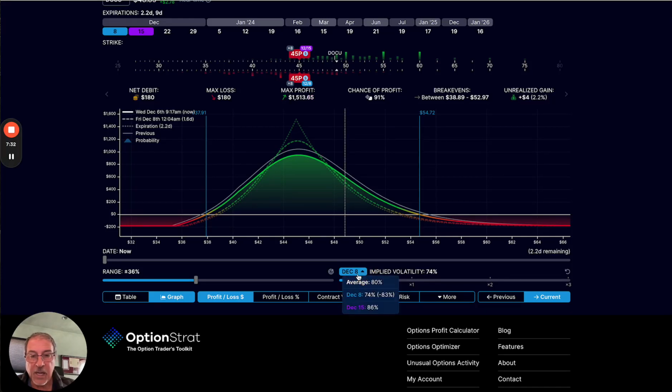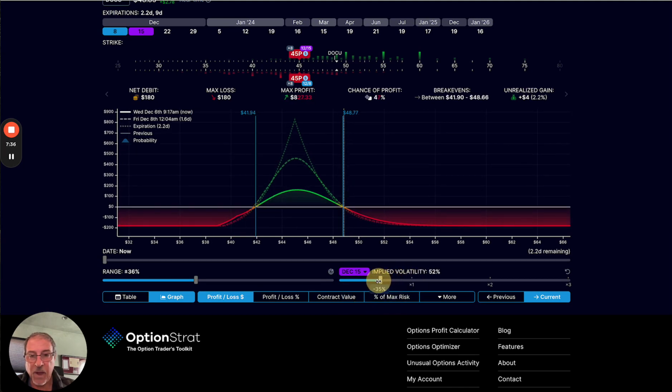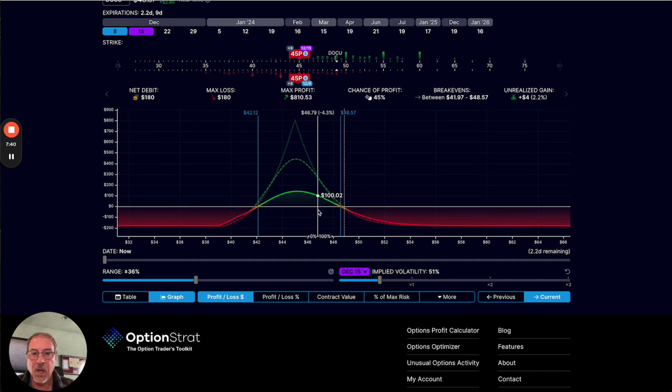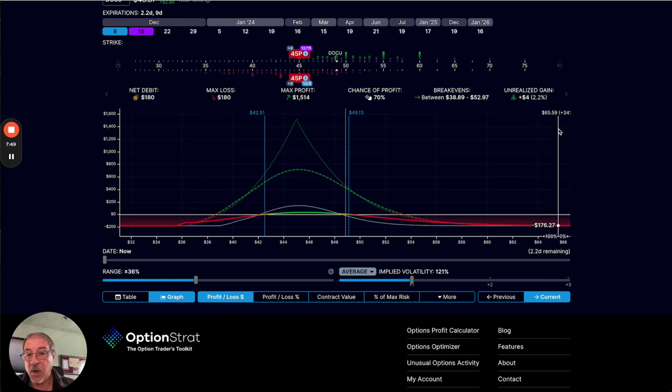And then I ideally want the December 15th strikes to also drop in value, but maybe drop a little less in value. That's what will create the profit in this trade. So that's what I'm hoping for. That's the ideal situation, and that's what I'm going to be looking to have happen come Friday morning when the market opens.